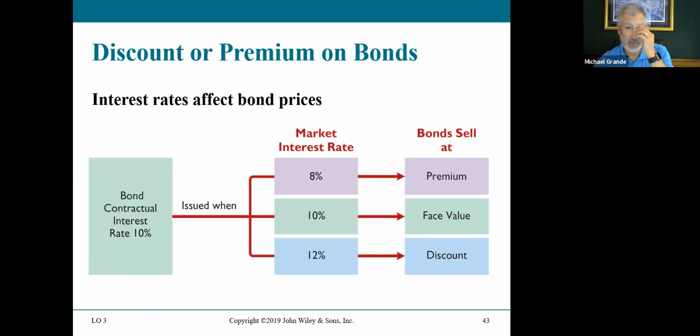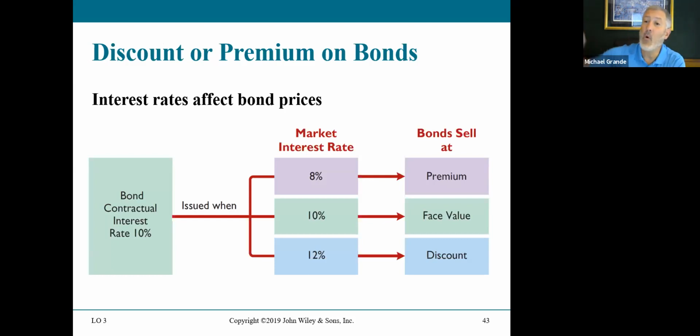Discounts or premiums. So when there is a difference between the contractual interest rate and the market interest rate, you're going to have either a premium or a discount. If the contractual interest rate is 10%, but the market interest rate is only 8%, those bonds are going to sell at a premium.